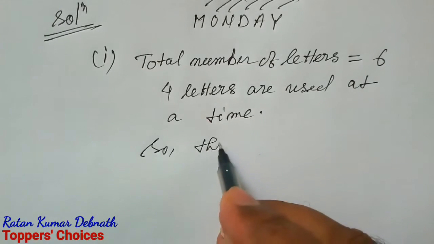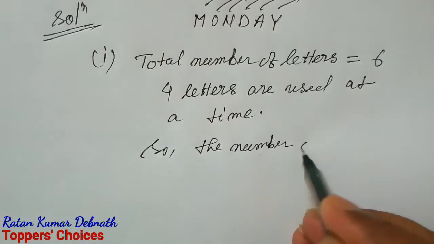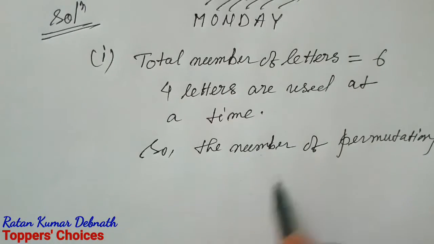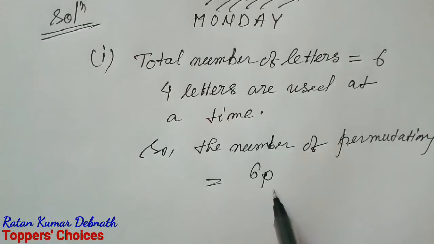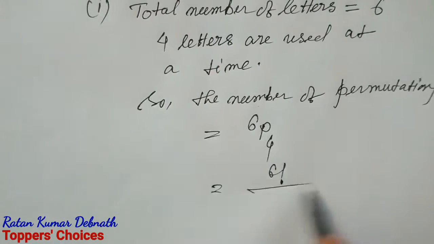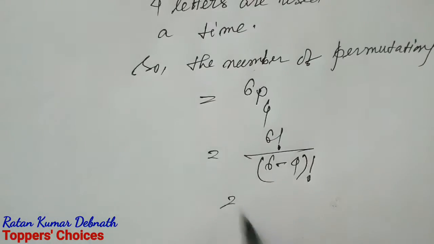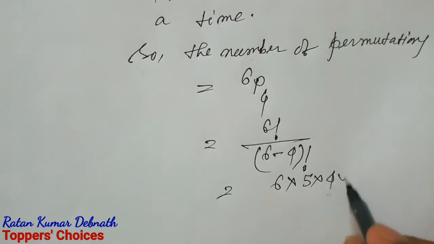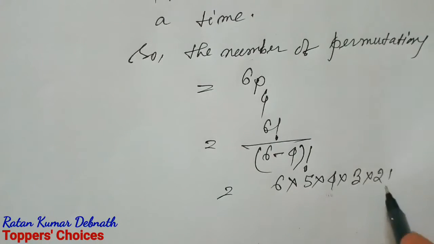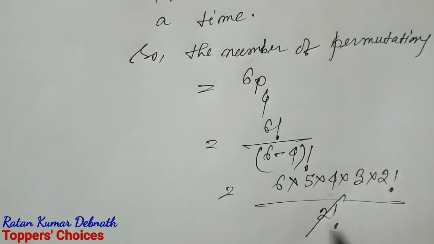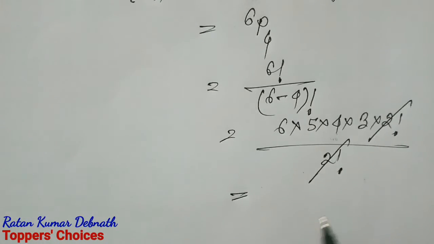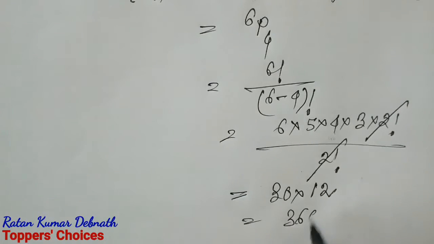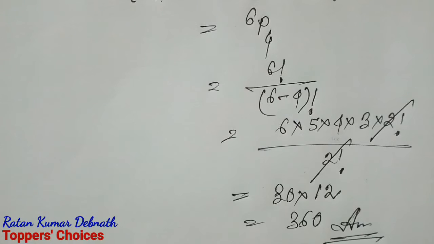So the number of permutations is 6P4, that is 6 factorial by 6 minus 4 factorial, which equals 6 into 5 into 4 into 3 into 2 factorial by 2 factorial, that is 30 into 12, which equals 360. So the answer of the first question is 360.